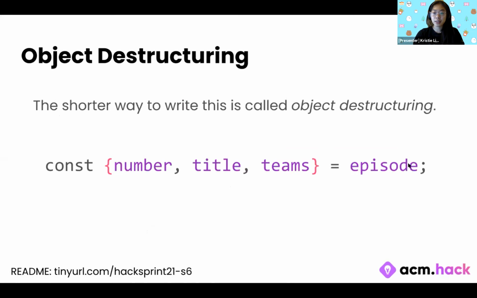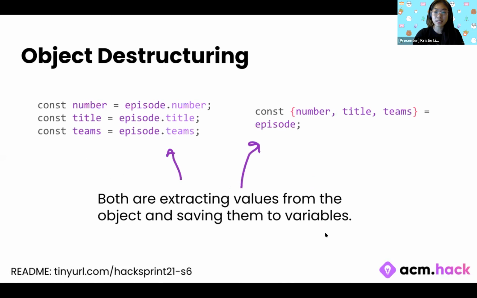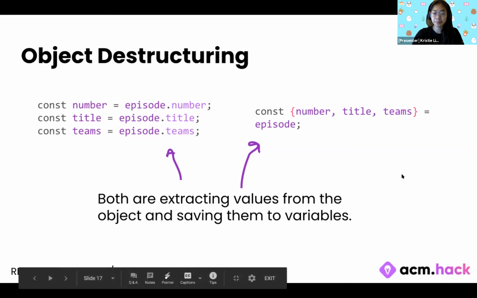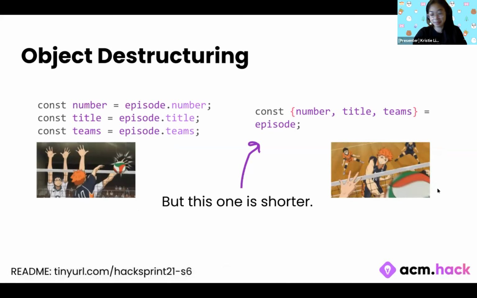But the shorter way to write this is called object destructuring, which is you just put these curly braces, you put the variables that you want, and then you put the object on the other side. So yeah, these two ways of writing the code are the same thing. They both extract values from the object and save them into variables. But the right side is shorter. So we like that one better.